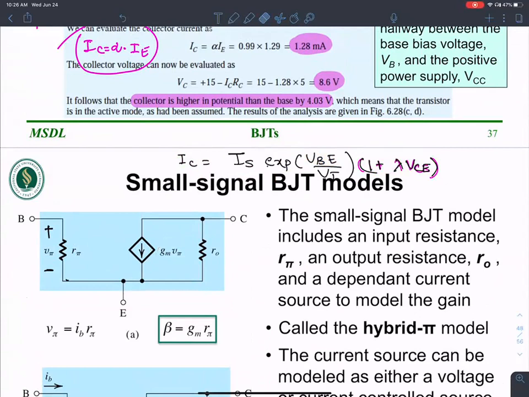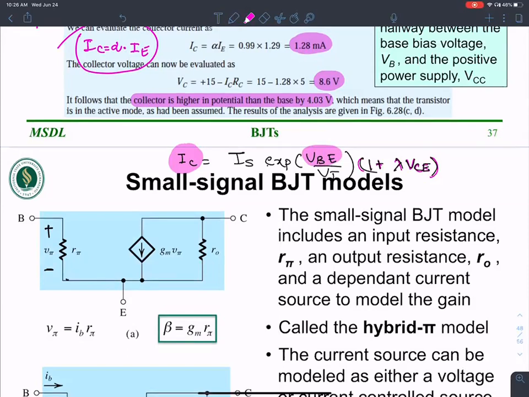This BJT, the current in the collector, is a dependent current source. It depends on the VBE voltage. That's exactly what I'm doing here.